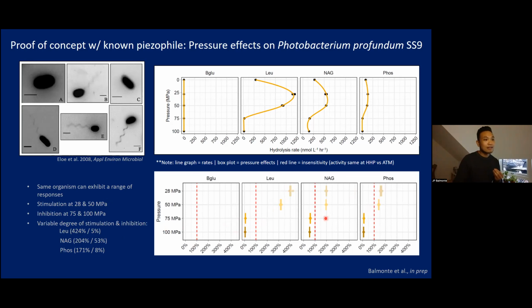With chitinase, you see 204% stimulation, but then not so much inhibition. It's still able to maintain 53% of its activity, which to me is really interesting, that the same piezophile can have such dramatic responses depending on what pressure you subject it to.